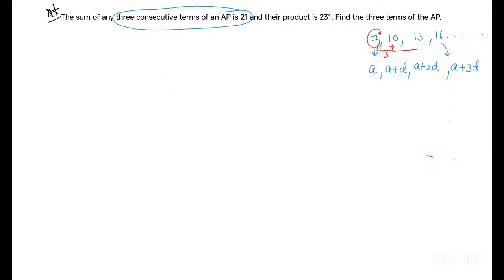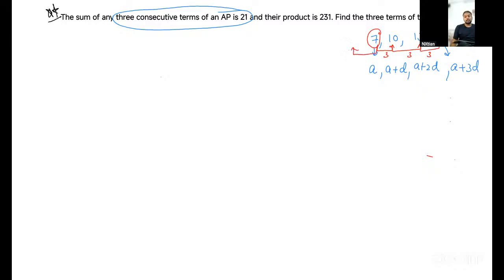So it means that the D will be three. So can you tell me a number which can come before seven? Four. How did you do this? Subtract. It is correct. You subtract the difference, which is three.